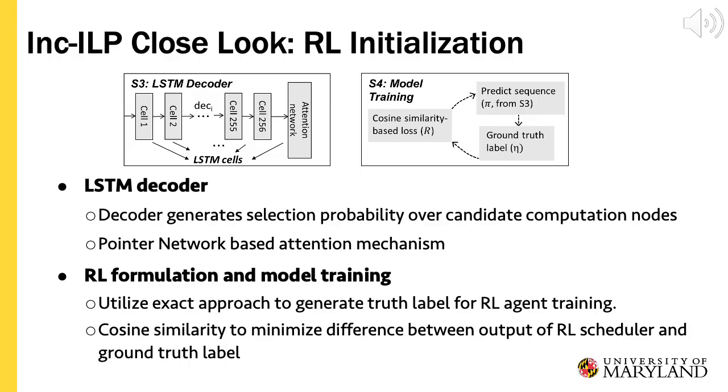Besides, we also integrate the pointer network as our attention mechanism. For RL formulation, we utilize the exact approach to generate the ground truth label for RL agent training. For the reward function, we use cosine similarity to minimize the difference between the output of the RL scheduler and the ground truth label.